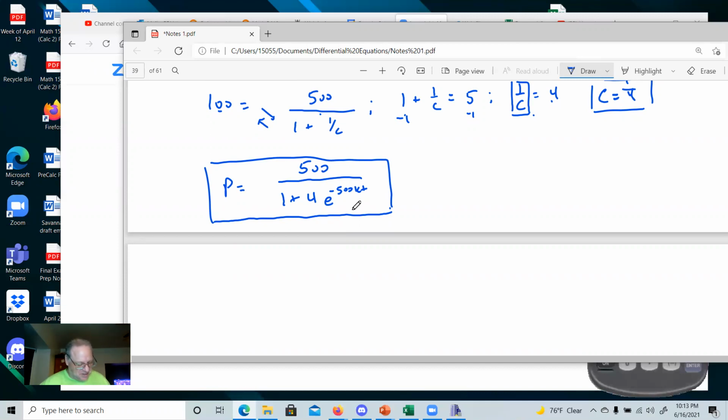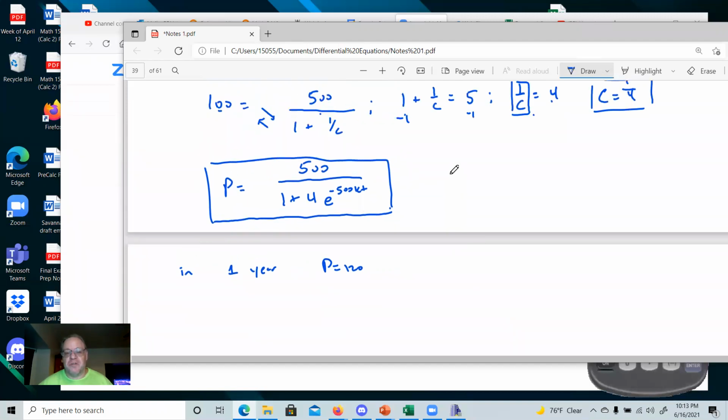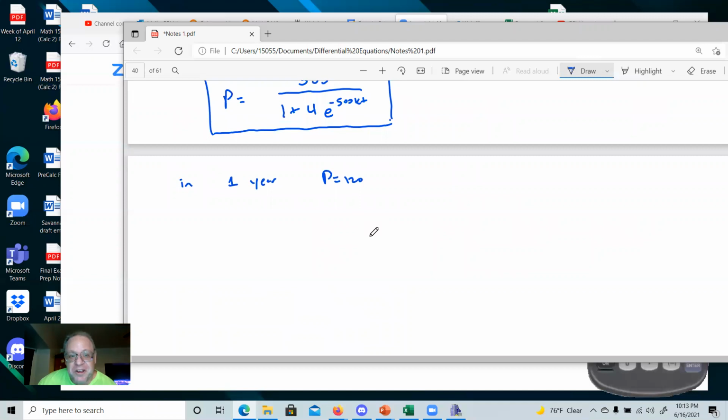Let's see, what else do we want to ask? In 1 year, because we still have to figure out what K is, we had P equal to 120. So still we have the same business we have to go through. And this is a college algebra problem, maybe pre-calc.